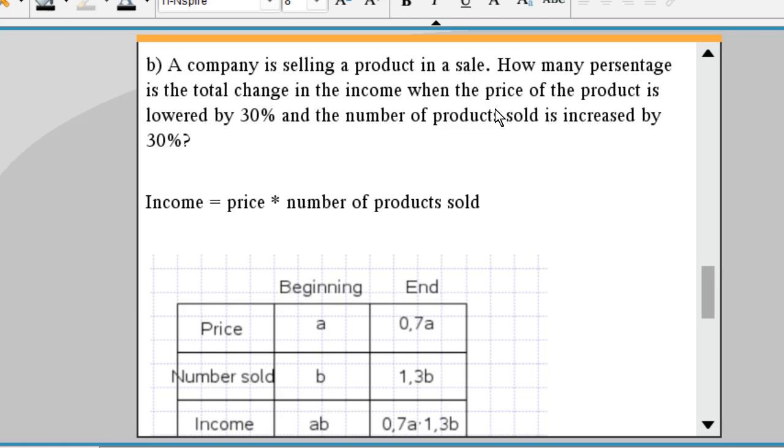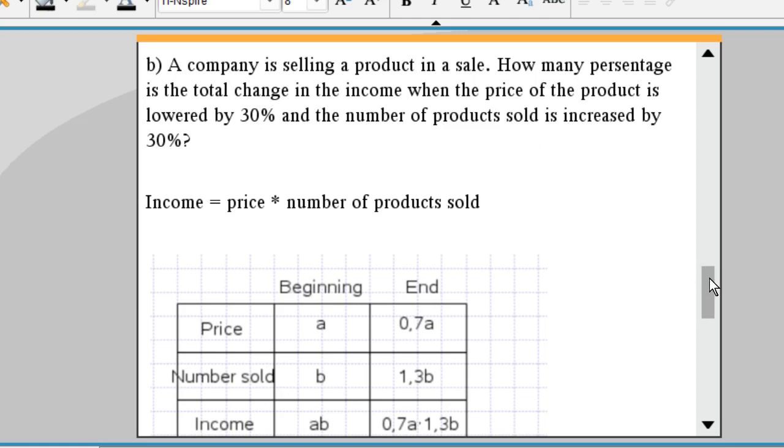Now if a question like this would be asked in the streets, most of the people would say, well, there's no change, because the price is lower 30%, but at the same time the products are sold 30% more. So where is the change?